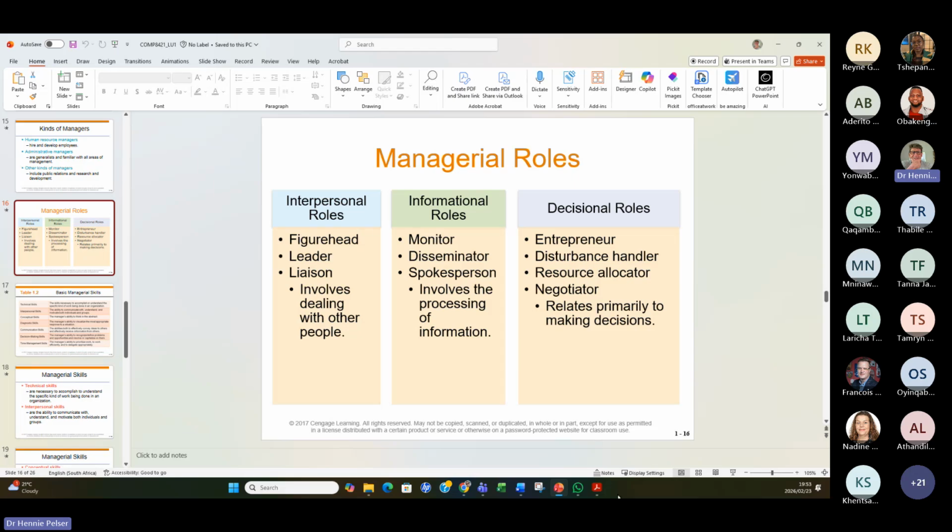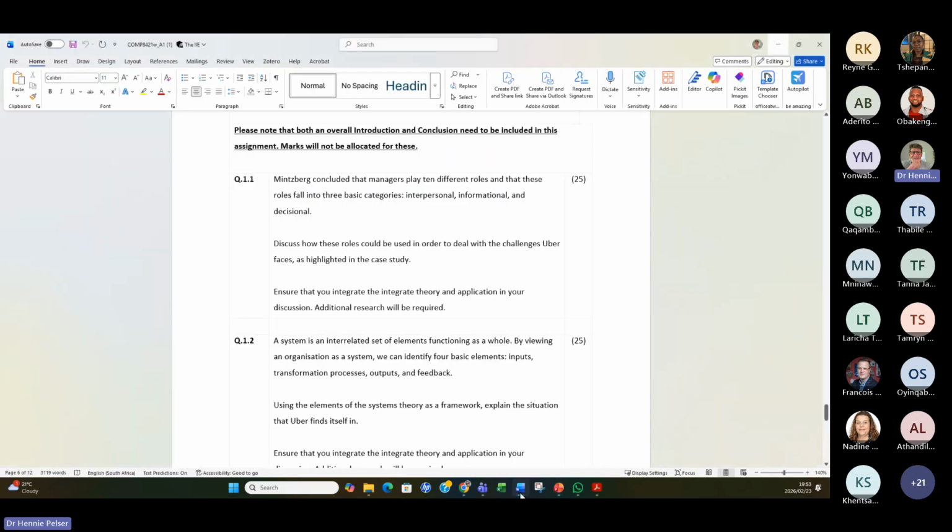If we take the assignment, okay, 10 different roles, and then obviously Uber is constantly facing challenges. And here, the key ingredient to doing really well with these assignments is to integrate theory and application.